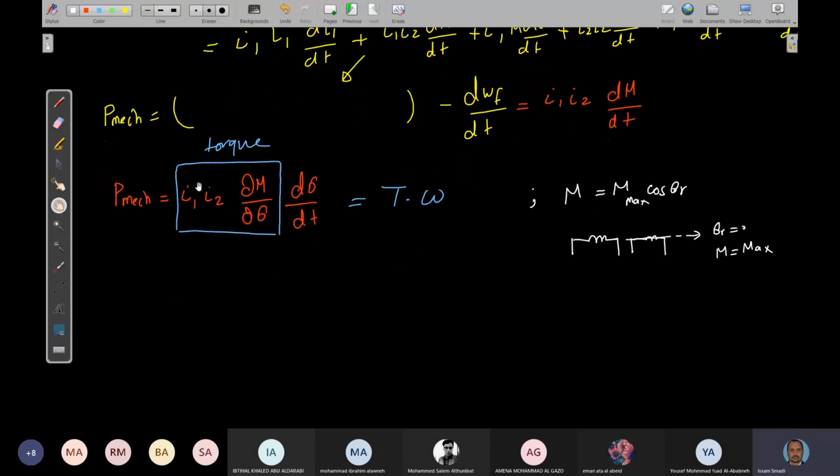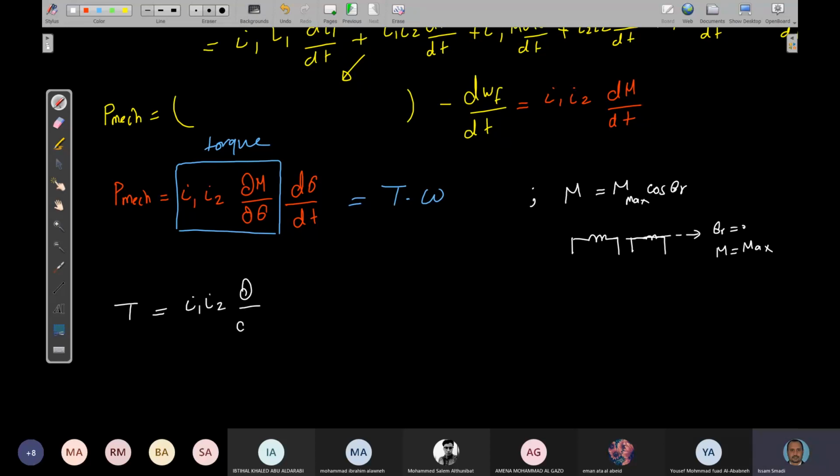And if I evaluate the torque, it will equal I1 I2 partial by partial theta, and instead of M I will put M max cosine theta r. Now, if I evaluate, this will equal minus I1 I2 M max sine theta r.